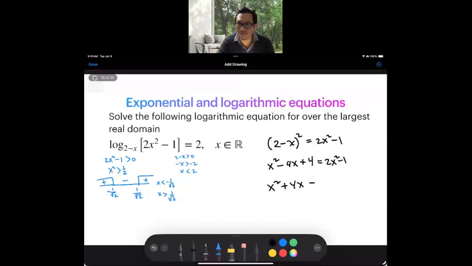So we have x squared plus 4x minus 5 equals 0. And then x minus 5 or plus, and x minus 1, right? So x is -5, x is 1.